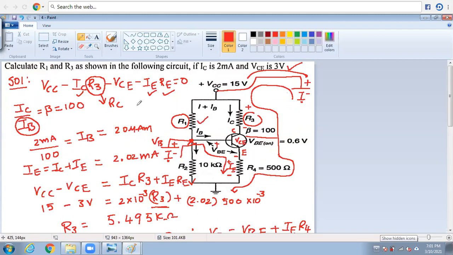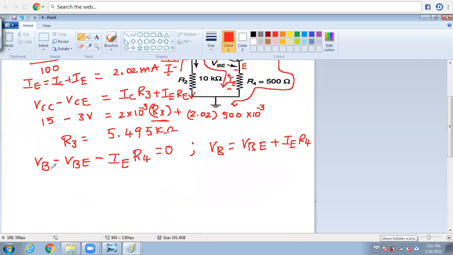So VB equals VCC into R2 divided by R1 plus R2. Again I write this VB expression: VB equals total voltage VCC into this particular resistance, that is 10 kilo ohms, or you can write just R2, divided by the total resistance R1 plus R2.